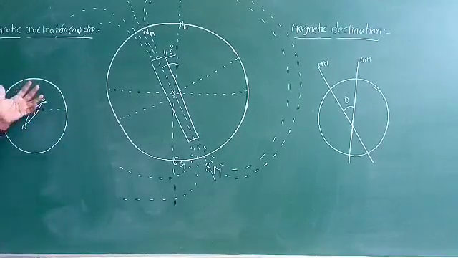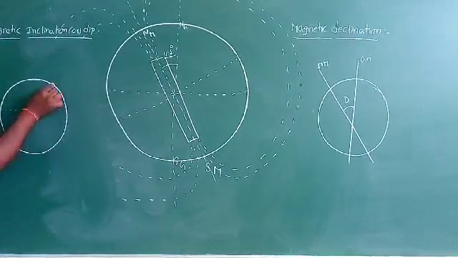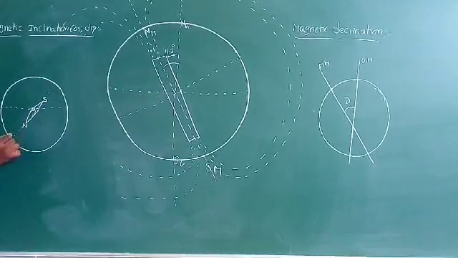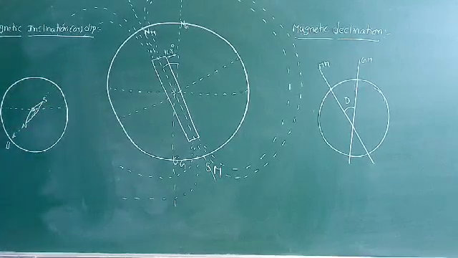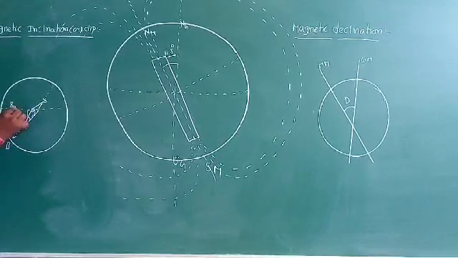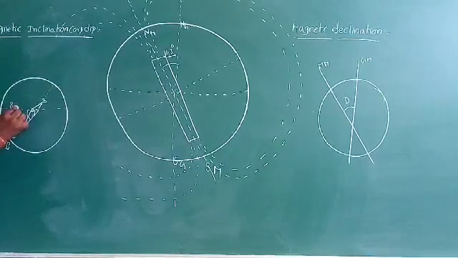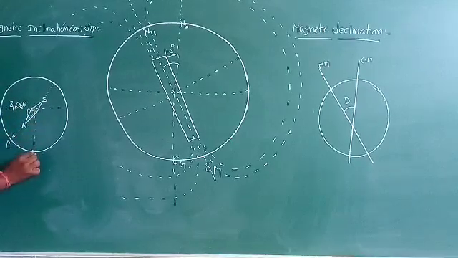If you observe the meter along this vertical axis, the total intensity of the magnetic field is acting in this direction, called B. If you resolve this into two components, the horizontal value will be BH, equal to B cos theta, and the vertical value will be B sin theta.